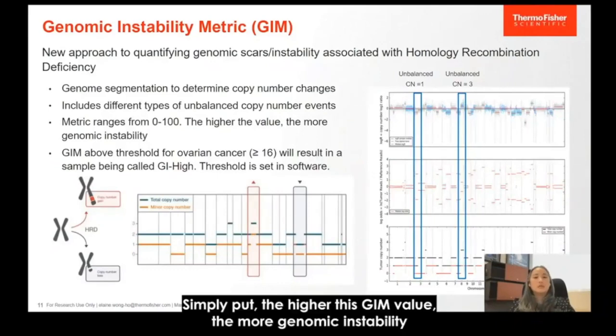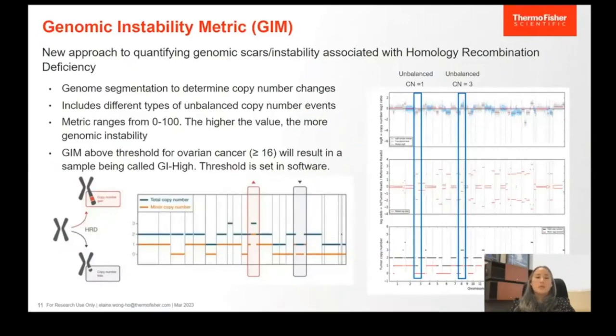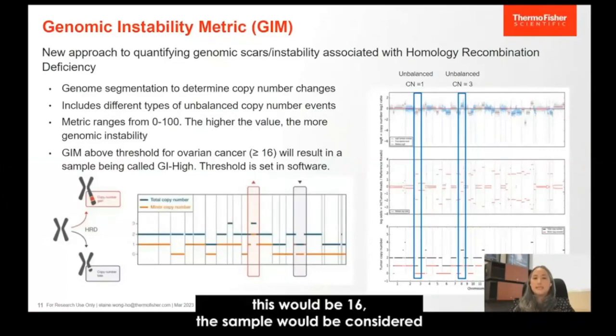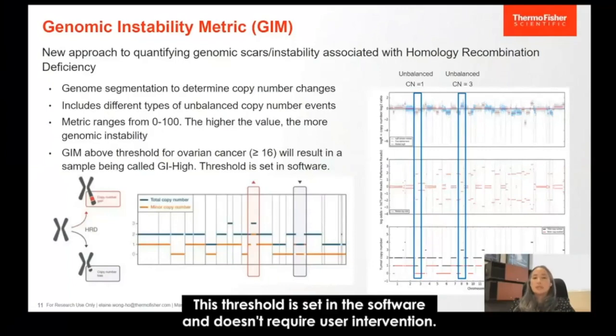Simply put, the higher this GIM value, the more genomic instability is in the sample. And when the GIM is above a threshold set for ovarian cancer, this would be 16, the sample will be considered genomically unstable high. This threshold is set in the software and doesn't require user intervention.